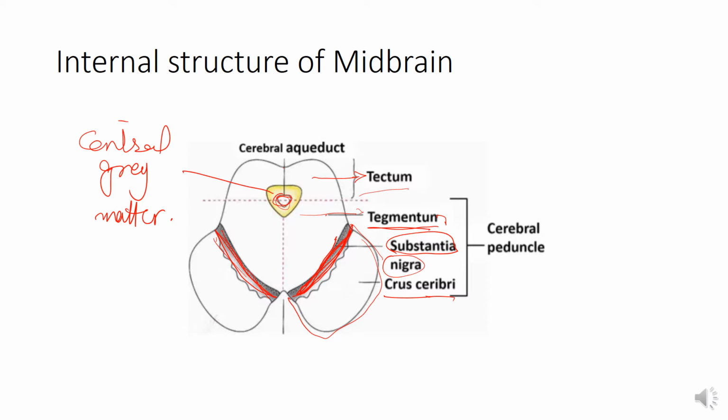On transverse section of the midbrain, the interpeduncular fossa can be seen to separate the crus cerebri, whereas the tegmentum is continuous across the median plane. So this is the interpeduncular fossa here, which is separating the crus cerebri.